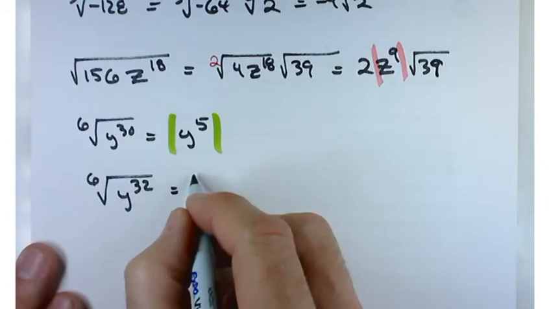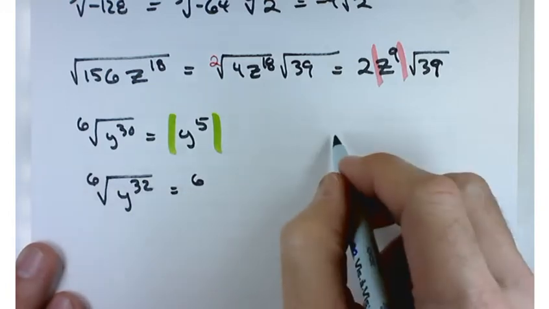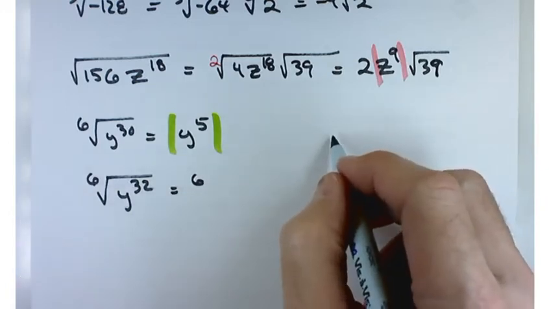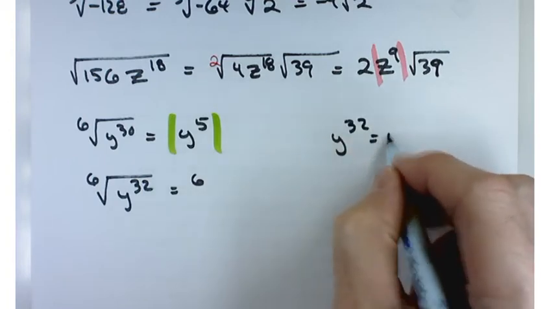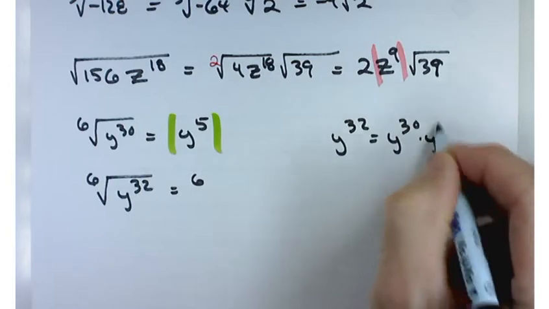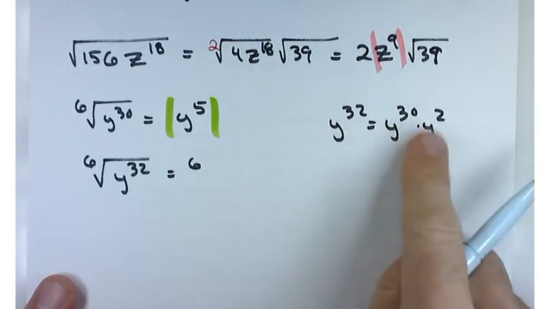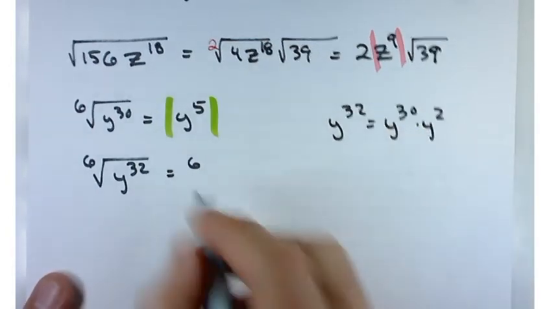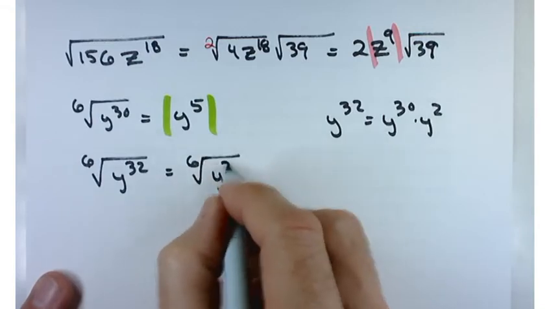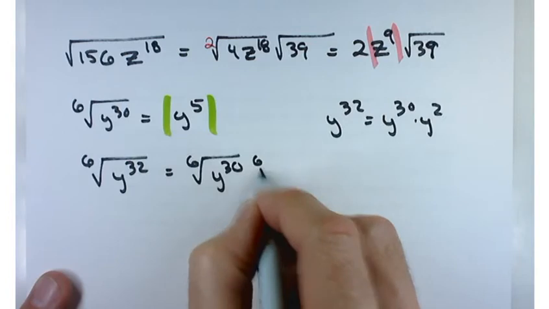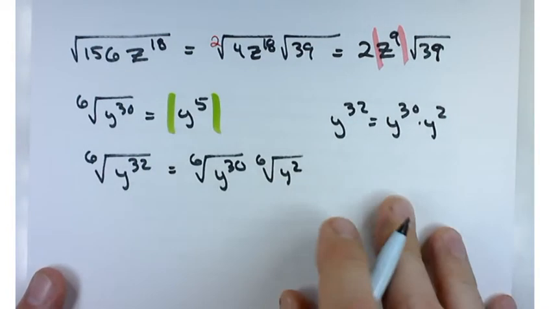So here's what we'll do. We'll take advantage of the fact, and I think you were humming something about this earlier, that y to the 32nd is really y to the 30th times y to the 2nd, right? When you multiply things with the same base, you add their exponents. So I'll rewrite this as the 6th root of y to the 30th times the 6th root of y to the 2nd.